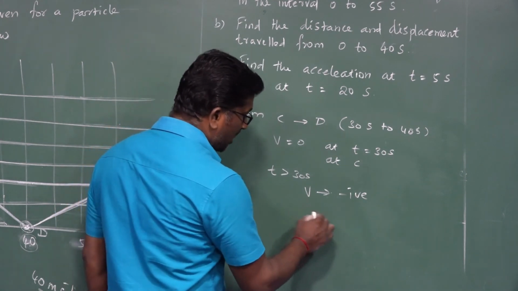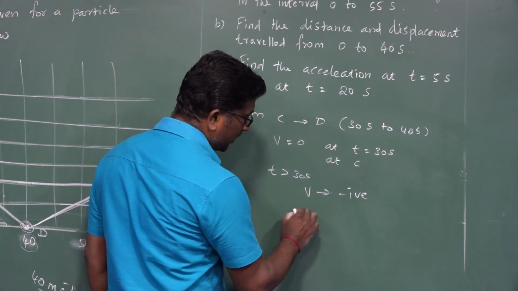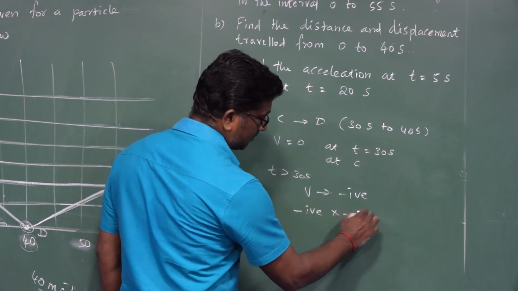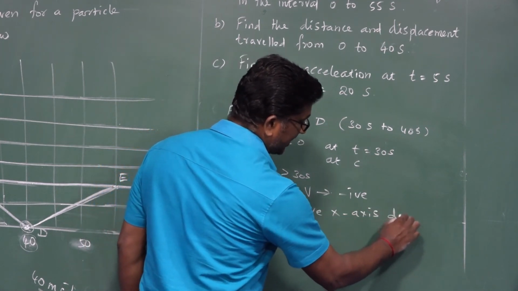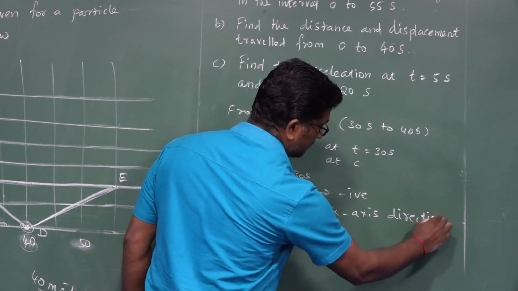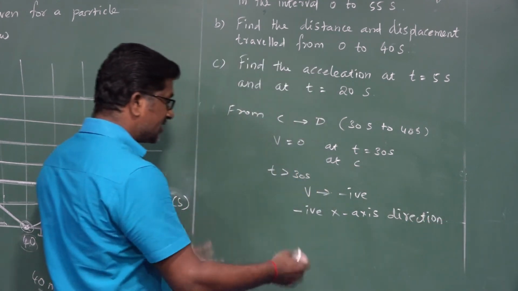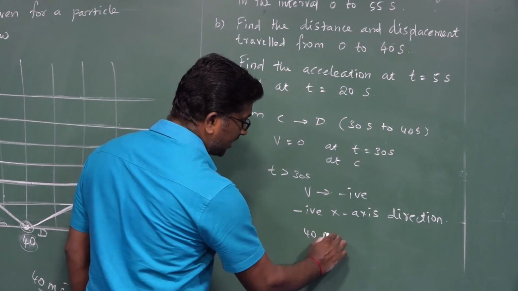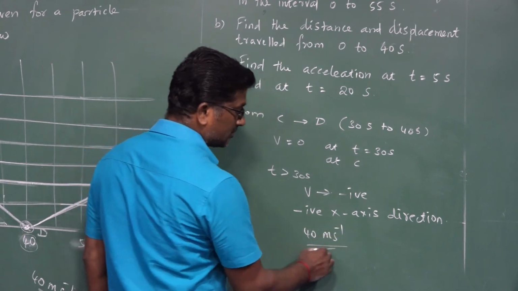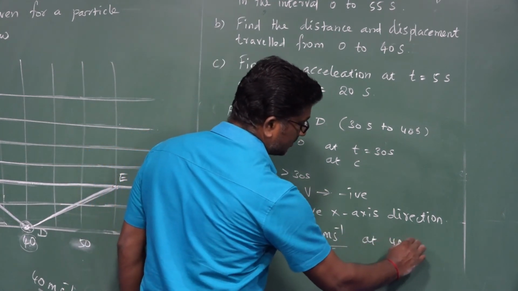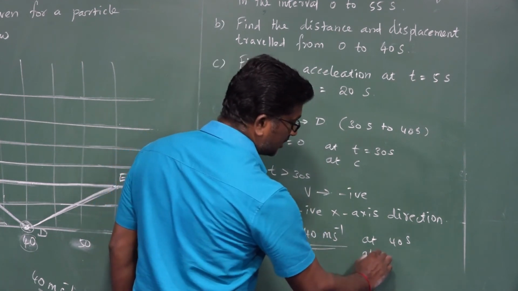That means the particle is moving in the negative x-axis direction, and its velocity becomes 40 meters second power minus 1 at 40 seconds, or at the point D.